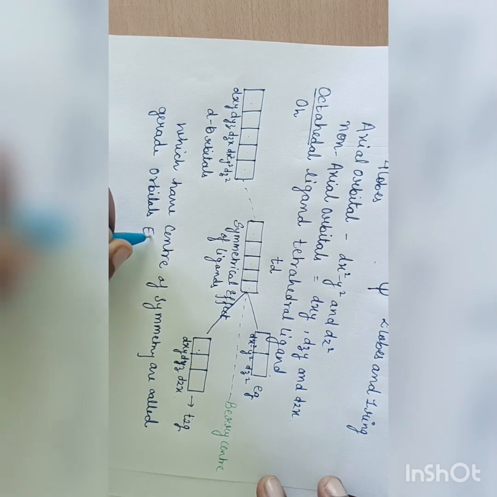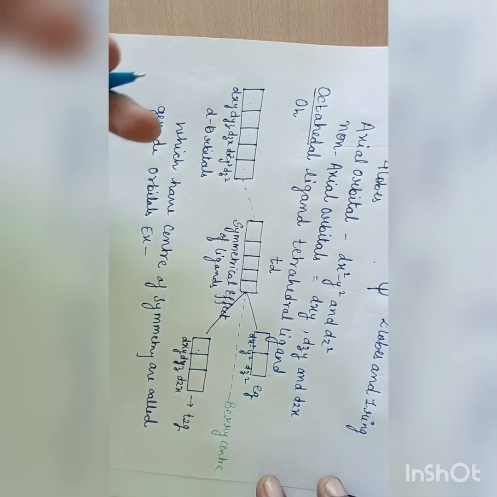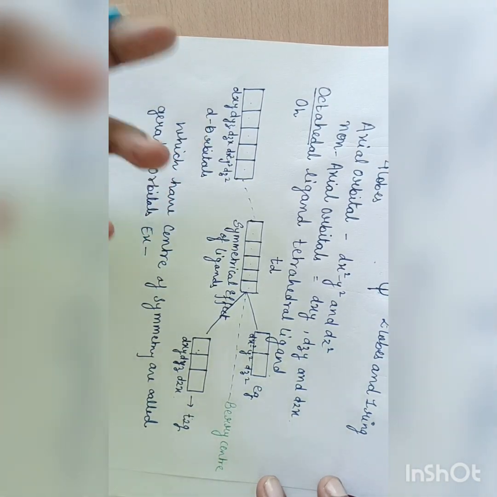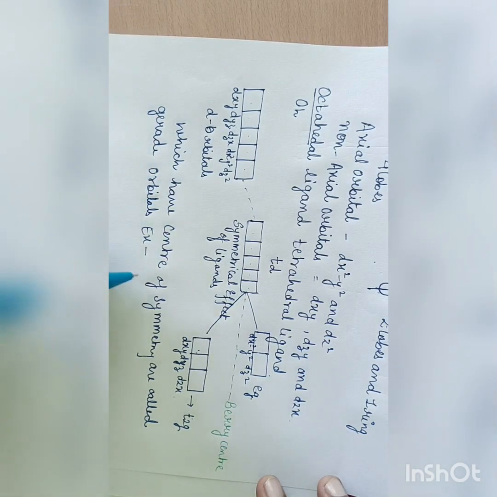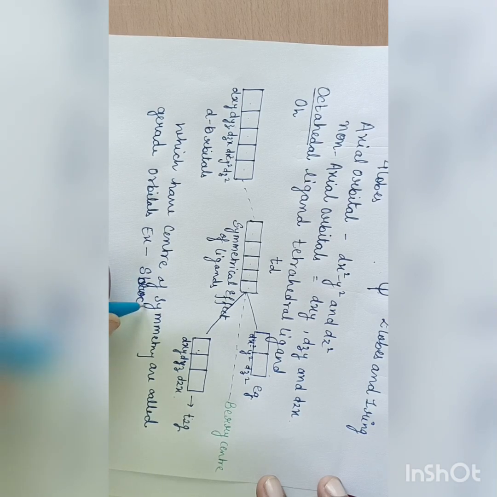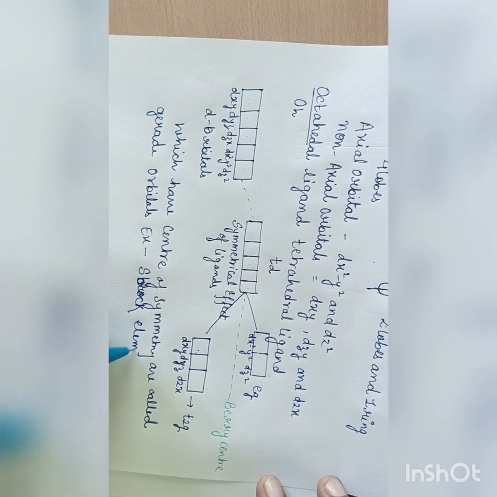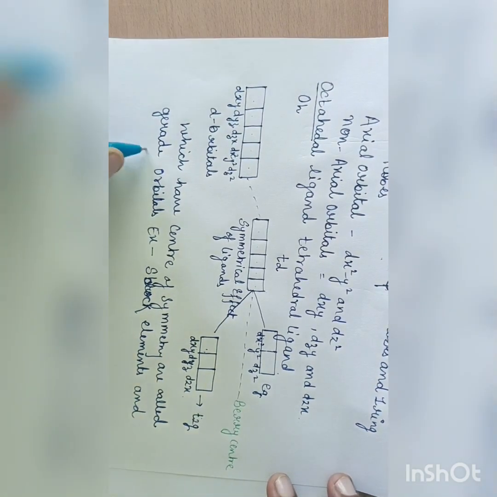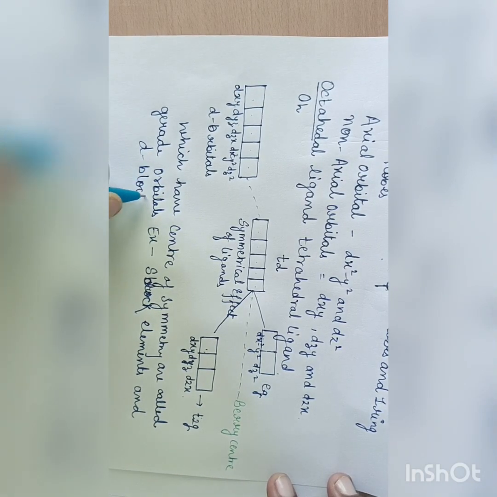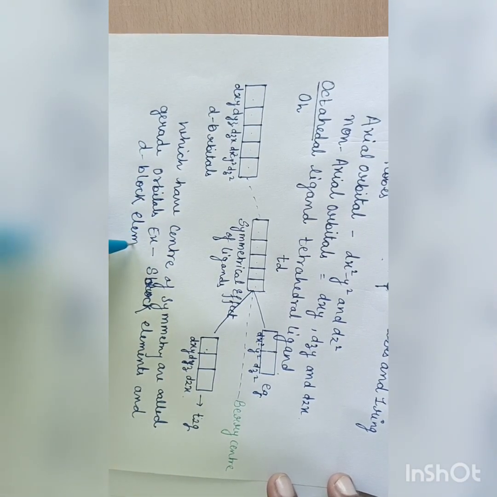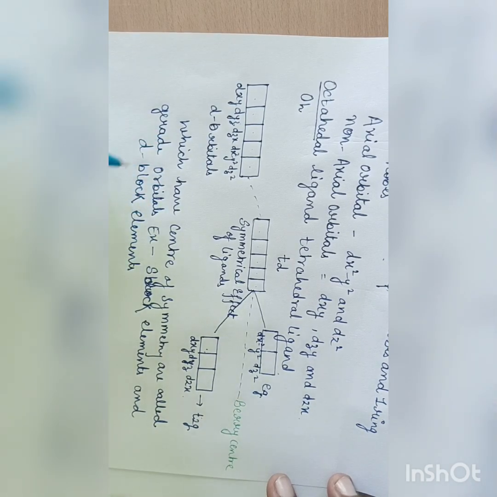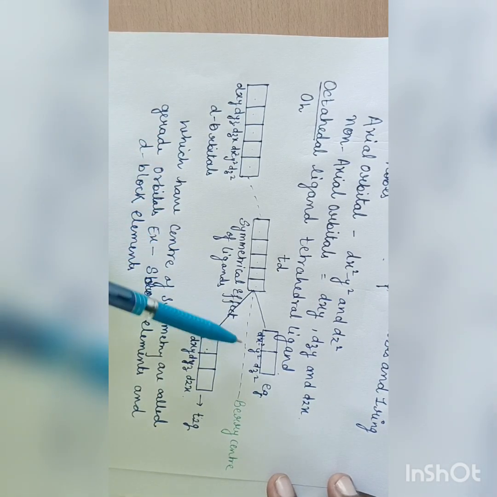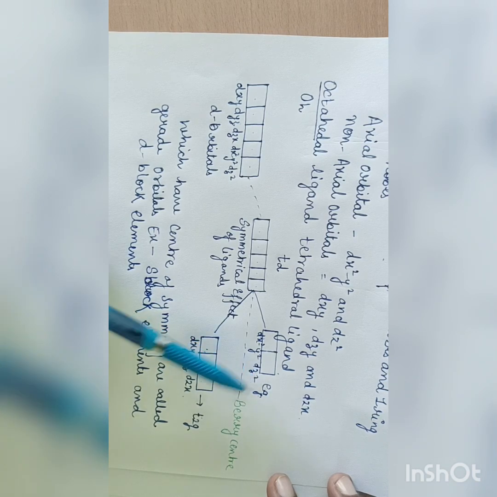For example, all s block elements and all d block elements are called gerade orbitals.